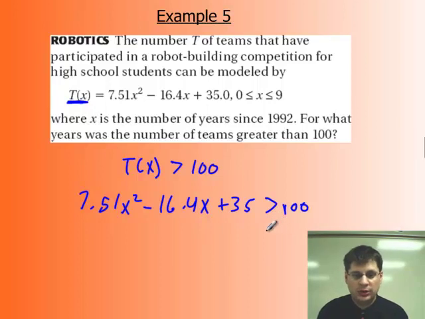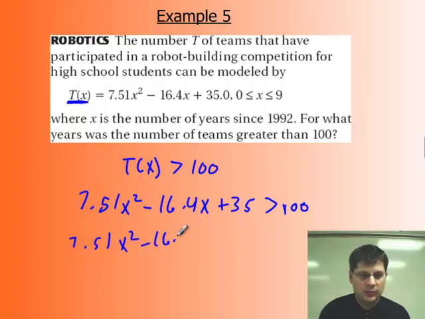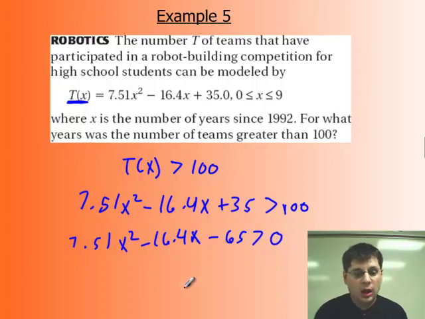I'm going to subtract 100 on both sides, and that's going to give me 7.51 x squared minus 16.4 x minus 65 is greater than 0, and that's going to make it easy for us to determine what to look for on a graph. So we're looking for values greater than 0, which means values of x that will make y greater than 0.